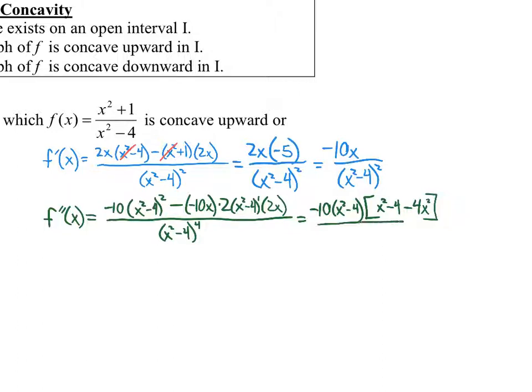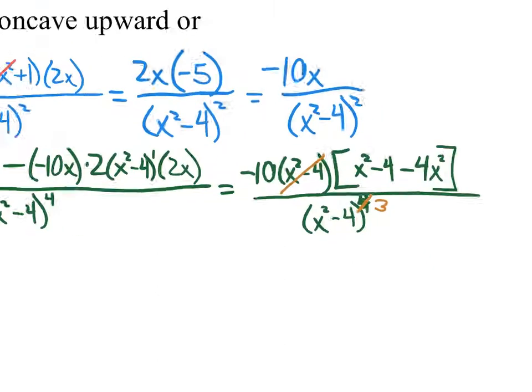And this is (x squared minus 4) cubed. Or I'm sorry, to the fourth. But it's going to end up cubed because look, now I can cancel this out. Okay?